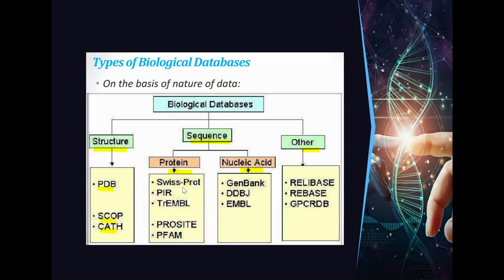Protein sequence databases include SwissProt, PIR, TrEMBL, PROSITE, and Pfam, and nucleic acid databases include GenBank, DDBJ, and EMBL. Don't worry, we'll go through all of these one by one in the upcoming slides. The other databases are classified as Relibase, REBASE, and GPCRDB.